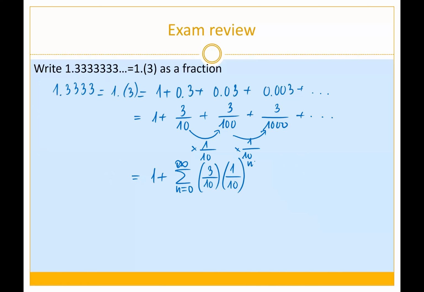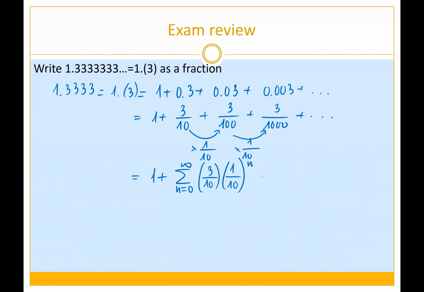Now to determine if it's to the n or to the n minus 1, just plug in n equals 0. If you started at n equals 0, the first term of ours is 3/10, so you want 1/10 to the n to be equal to 1. So n here is going to be 0, the power here is 0, so it has to be to the n.